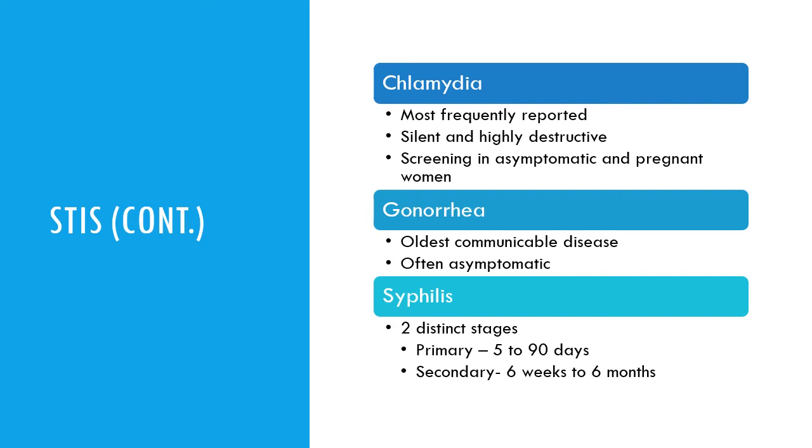If a patient is pregnant, they're at a higher risk for premature rupture of membranes, preterm birth, having chorio, so remember the infection within the amniotic sac, intrauterine growth restriction, and postpartum sepsis.